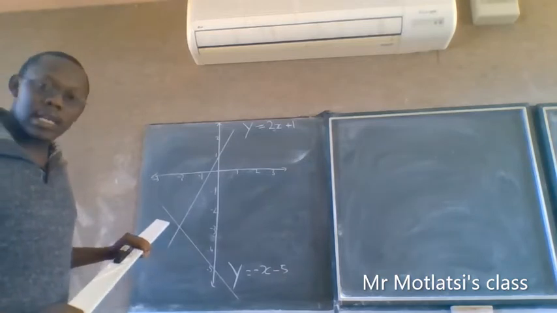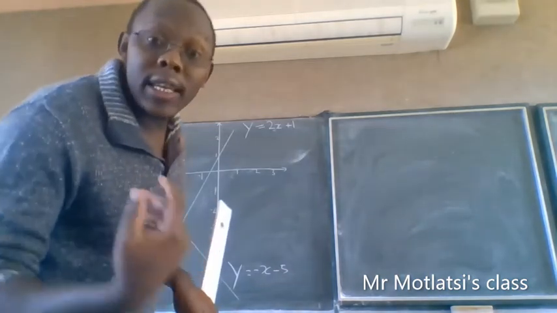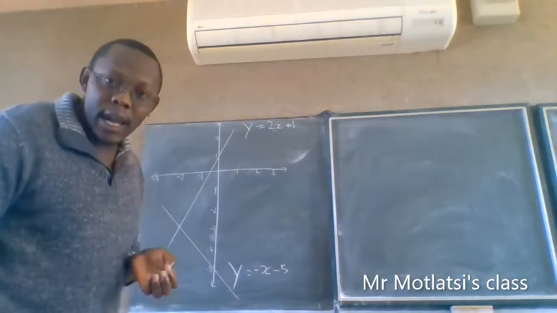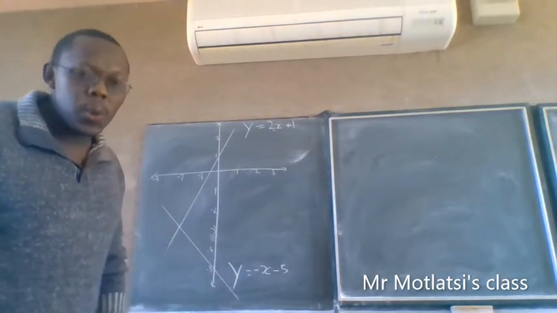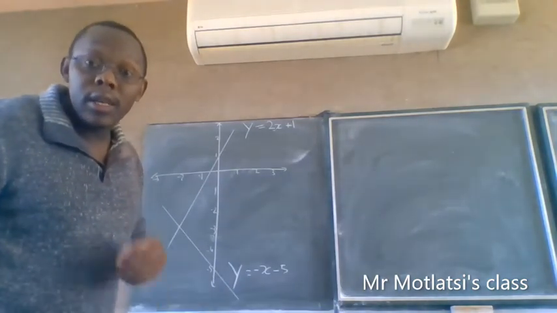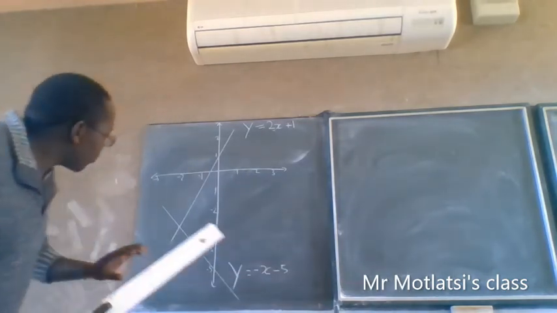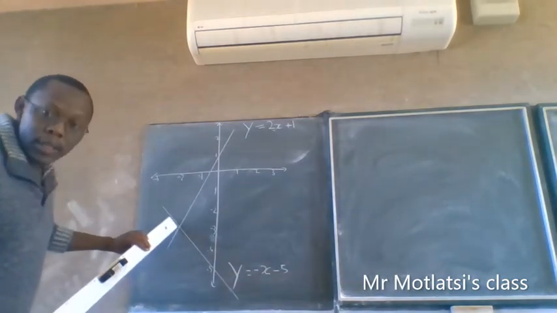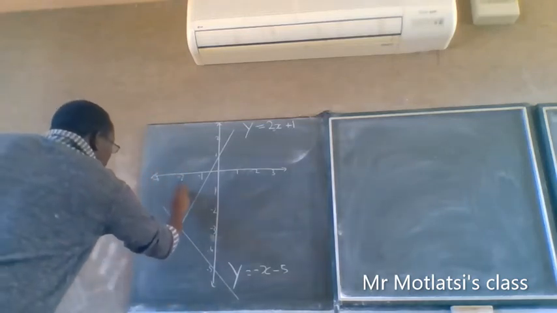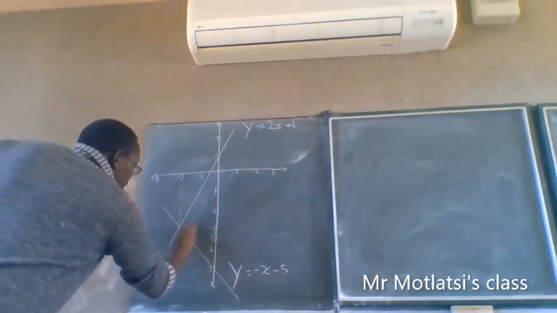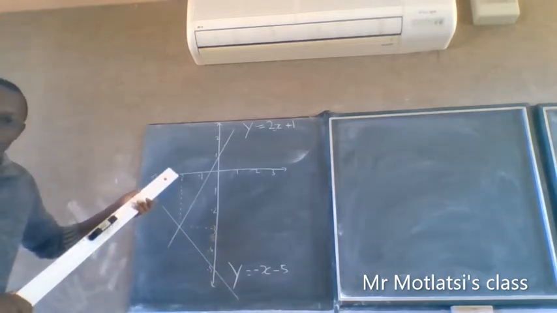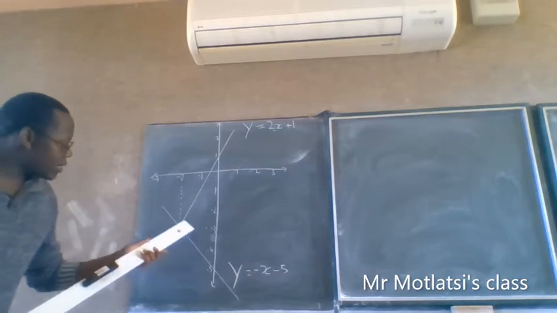Well, simultaneous equations like this one are actually quite easy. You look at the point where they intersect, and that is the solution. You don't necessarily have to do a lot. Just look at the point where they intersect. Right here, on the x-axis, minus 2, on the y-axis, minus 3.